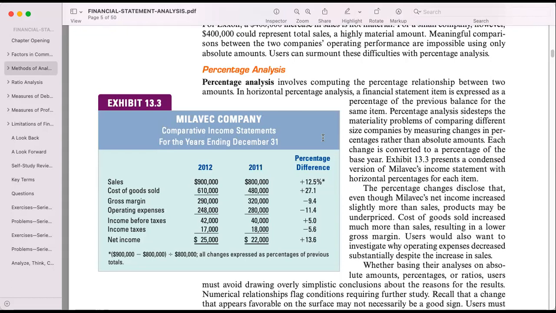Cost of goods sold also has a positive change, 27.1%, right? Cost of goods sold increased even more than sales, and so on and so forth. So the main purpose of horizontal analysis is to give information or to interpret data from several years.